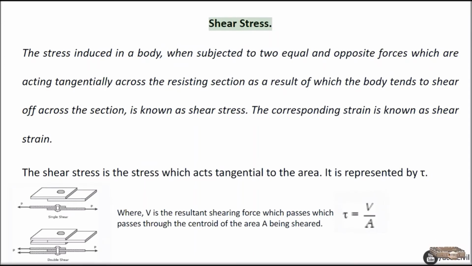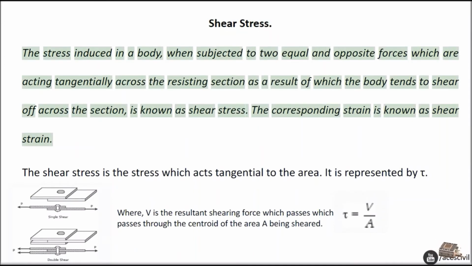Shear stress. The stress induced in a body, when subjected to two equal and opposite forces which are acting tangentially across the resisting section, as a result of which the body tends to shear off across the section, is known as shear stress.